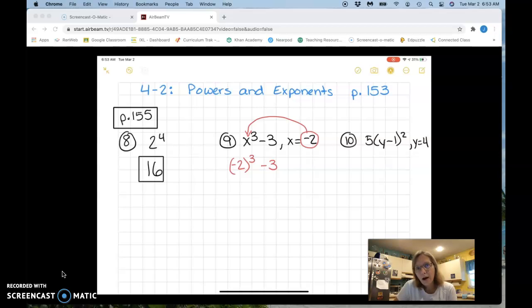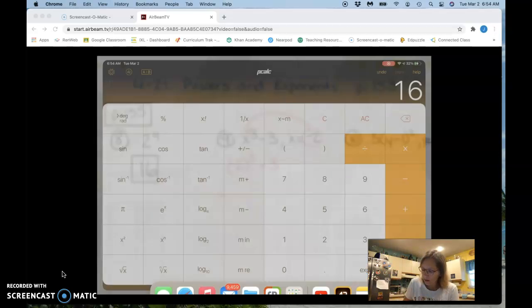If you have an odd exponent like 3, 5, 7, 9, you're going to have a negative answer if there's a negative on it. So there is a negative on my 2. That means when I do 2 to the third power, my answer is going to be negative because 3 is an odd exponent. All right, so let's put that in our calculator.